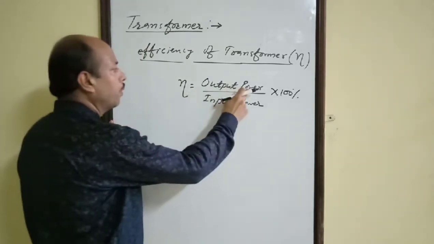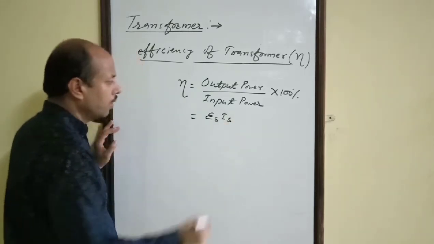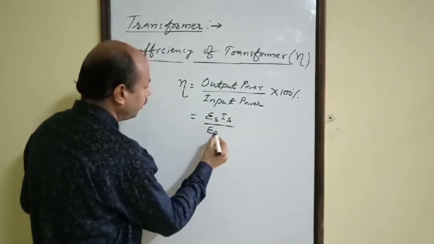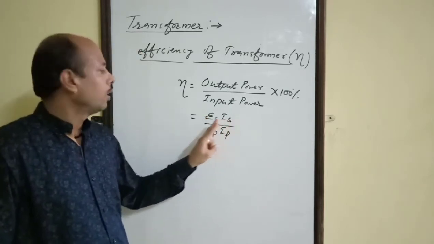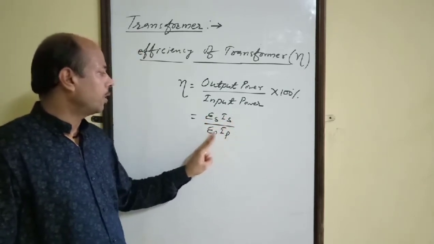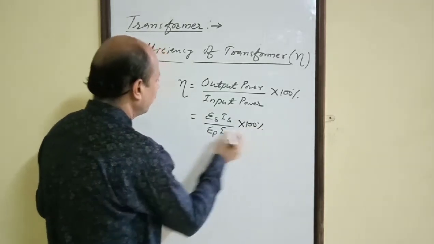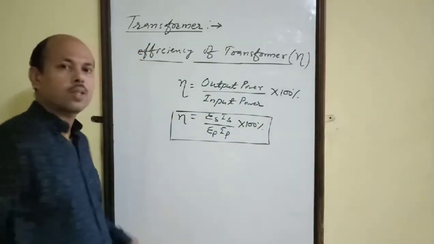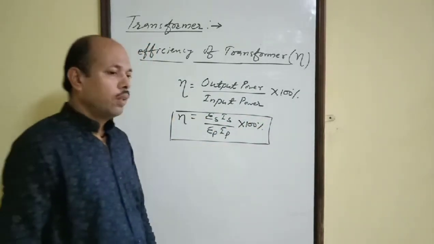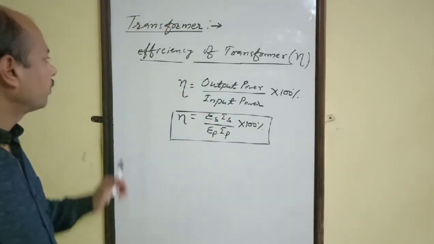Output power over input power can be written as ESIS upon EPIP, since we know that power is voltage into current. So eta equals ESIS by EPIP into 100%. This is the formula for the efficiency of a transformer.